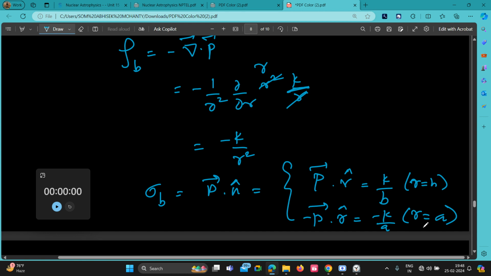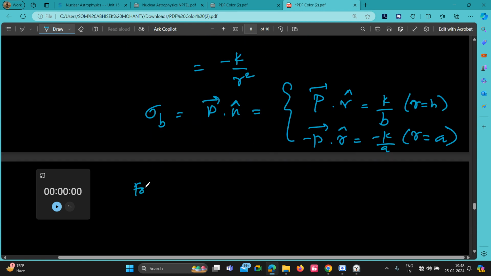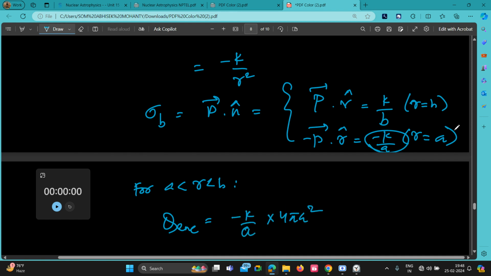Here we are asked for a less than r less than b. So Q enclosed will be minus k by a into 4 pi a square, because r is a, plus the integral from a to r of minus k by r square times 4 pi r square dr.